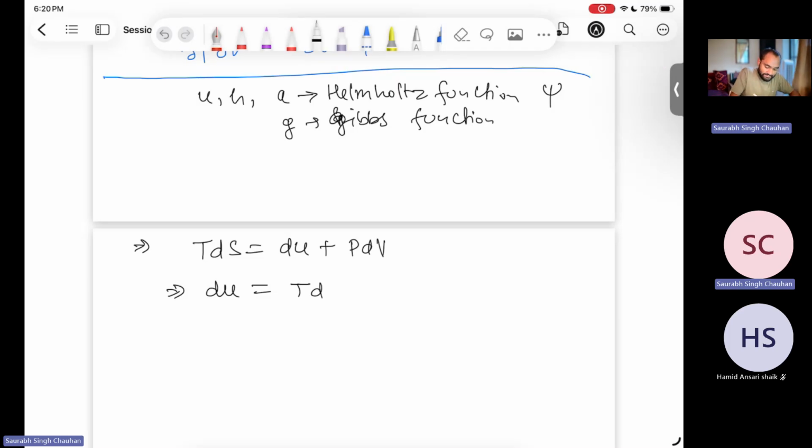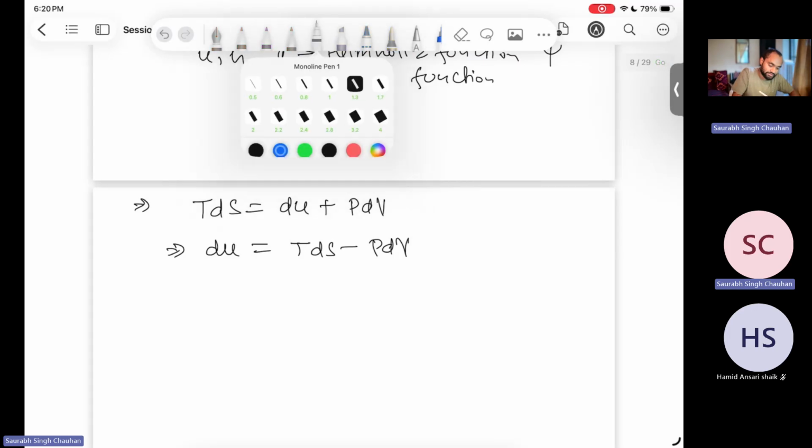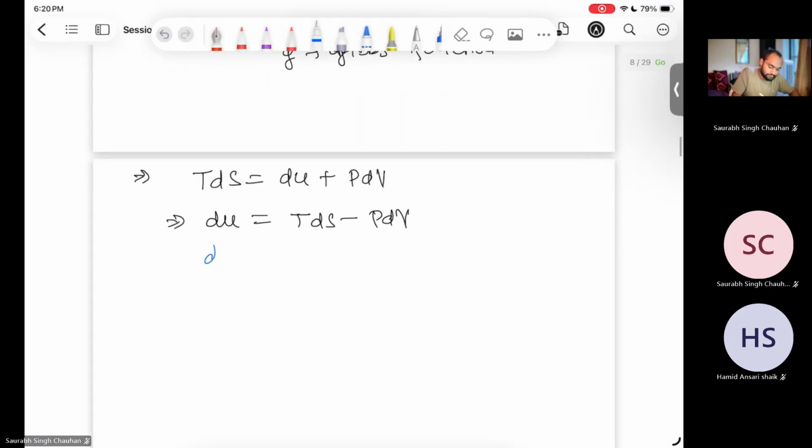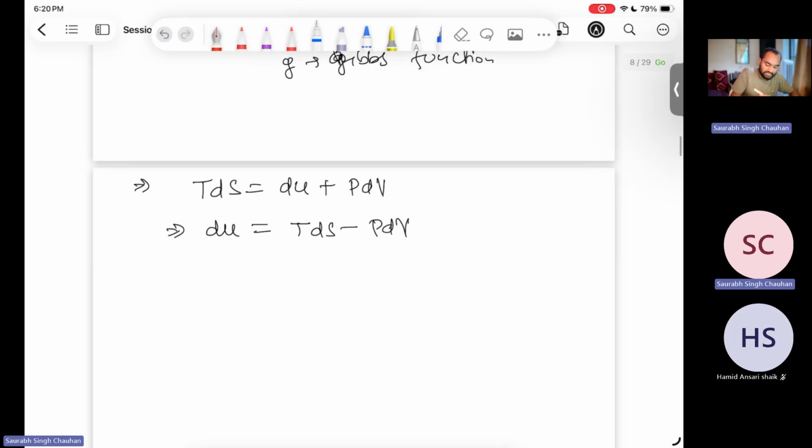So for du, you can write from this particular equation, du is equal to TdS minus PdV, right? And we can use the exactness condition. So what we get is, we can just compare with that in differential of z.